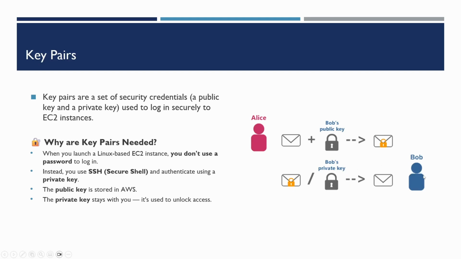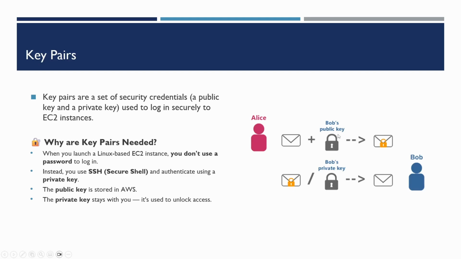The public key is shared with everyone he wants to communicate with. So Alice has Bob's public key, and whenever Alice wants to send something, she sends it by encrypting it with Bob's public key.